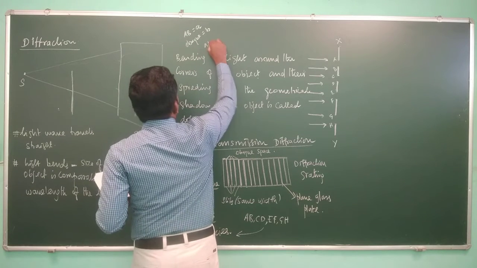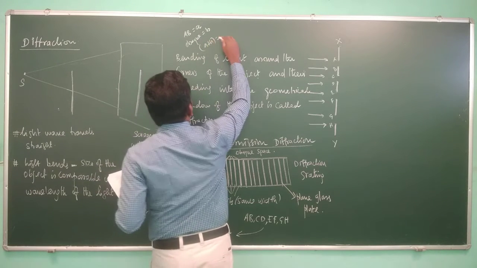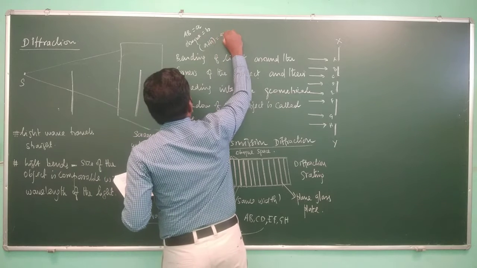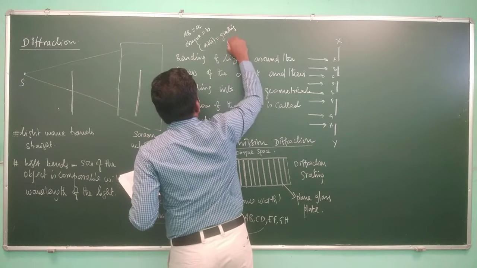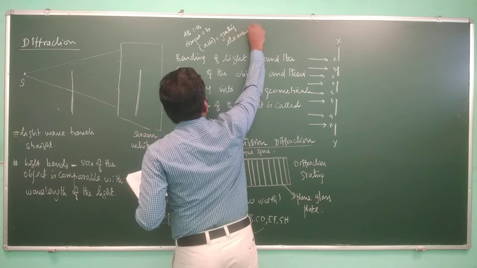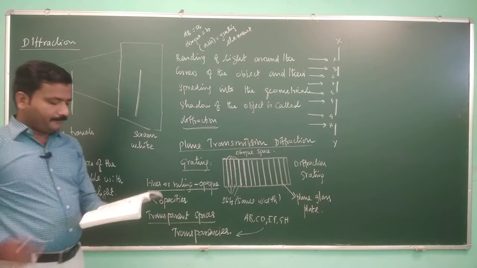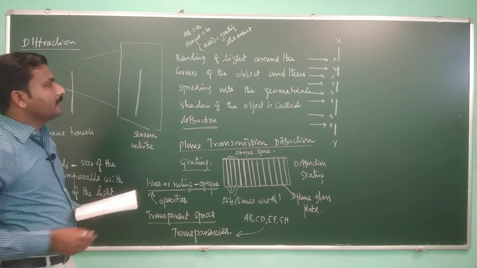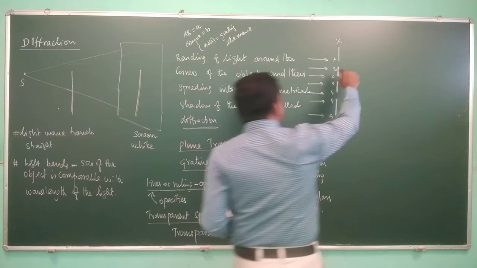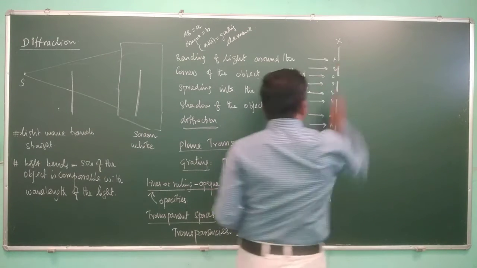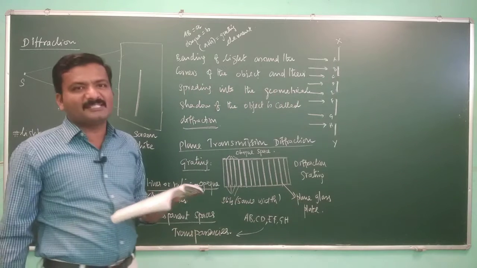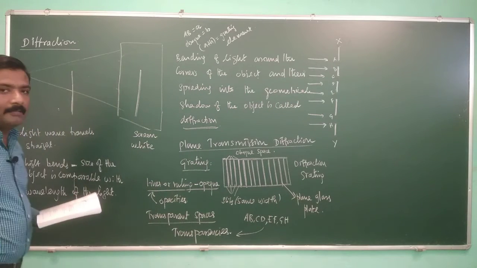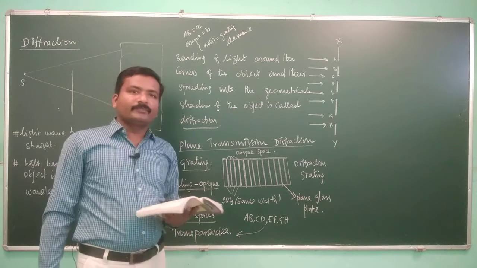Now this a plus b is called the grating element, or the grating constant. That is one portion of opaque space and one portion of transparent space. The sum of these two widths is equal to the grating element or grating constant.